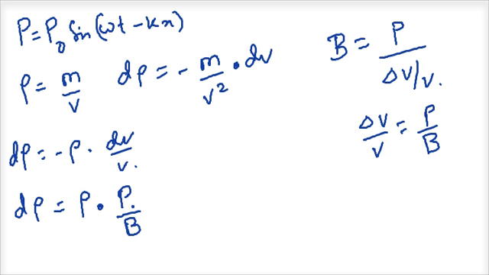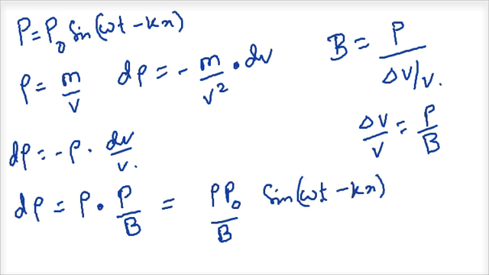Now P is given to me as P0 sine omega t minus kx. So I can write d rho as rho P0 by B into sine of omega t minus kx.